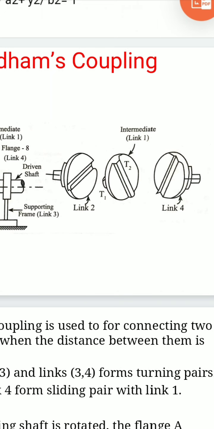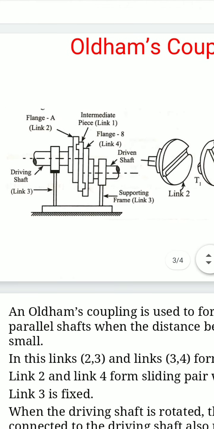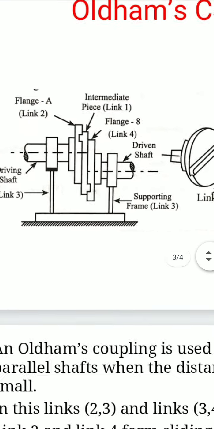So I think you can easily understand, between link 2 and link 4 there is an intermediate link, which we call link 1, which has projections diametrically at 90 degrees to each other. So one fits in link 2, that is T1, and T2 fits in link 4 here. So when these three are joined, you can see the arrangement as shown in the figure.